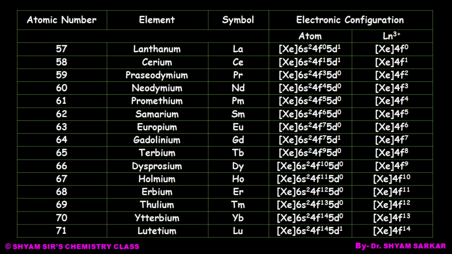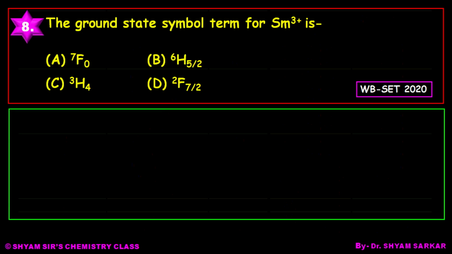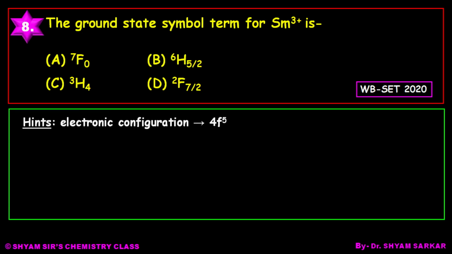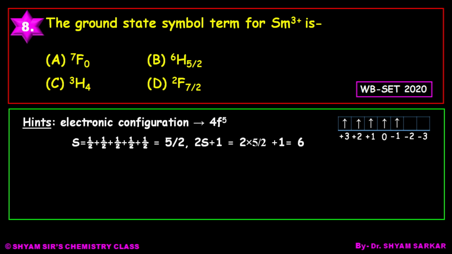So for this, we need the electronic configuration of samarium 3+. It is 4f5. You can see the electronic arrangement here. All the electrons are unpaired in the f orbital, and S equal to 5/2, and 2S plus 1, that is the total spin multiplicity, is 6.